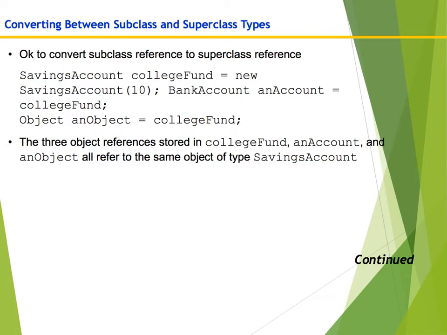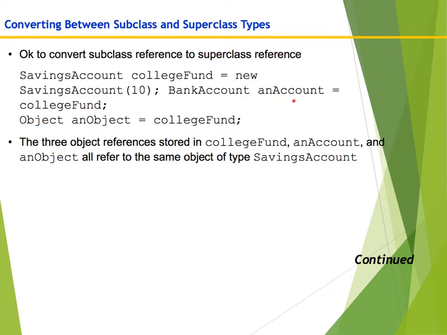Also, let's assume that you create another bank account this time. The name of it is an account, and this time you set college fund equal to an account. So an account would be equal to college fund.